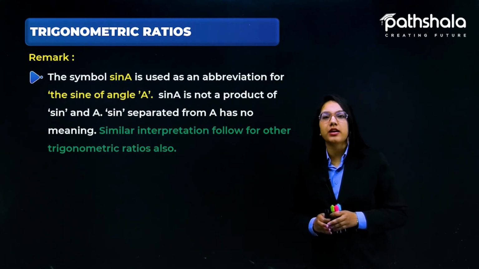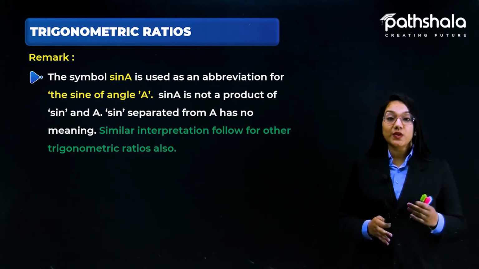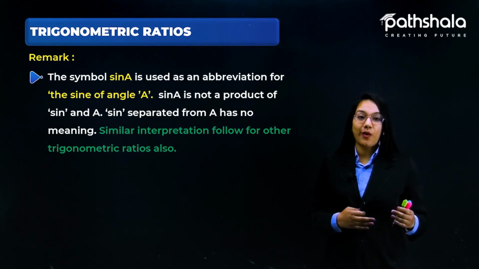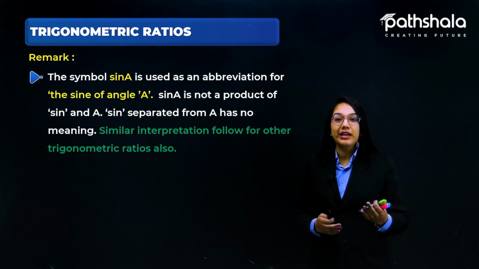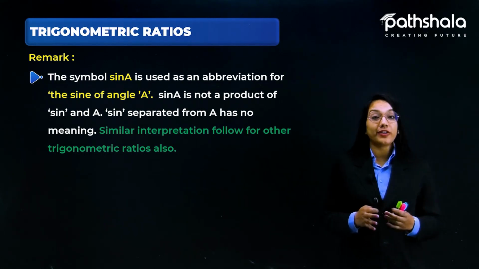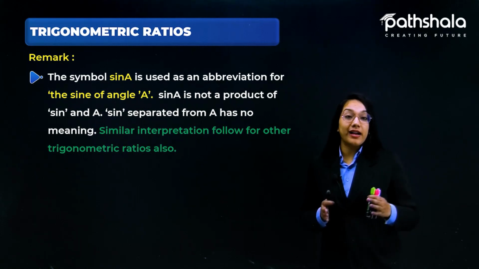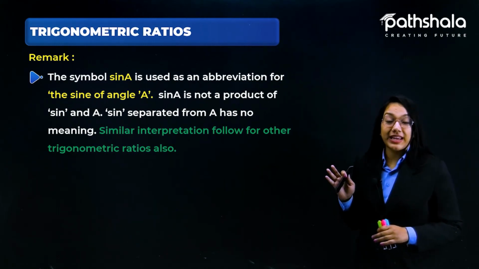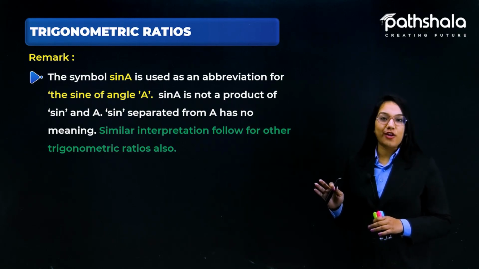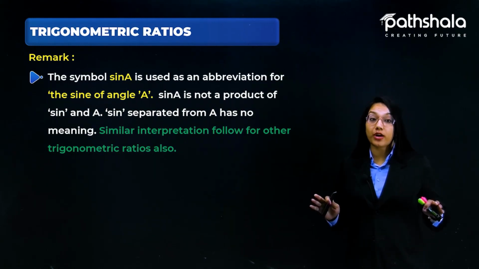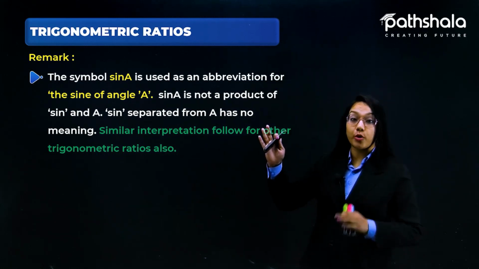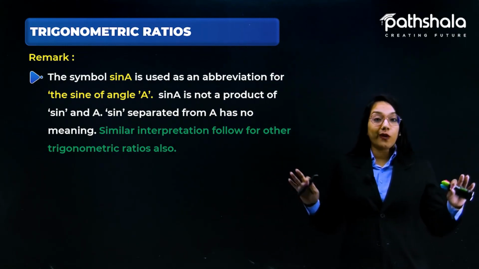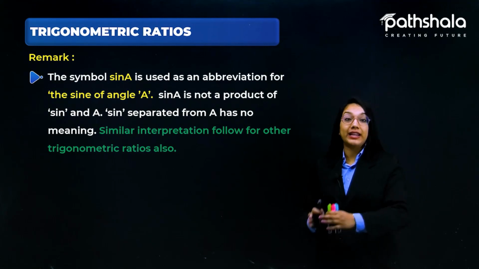The very first remark is that the symbol sine A is used as an abbreviation for the sine of angle A. I have already told you that the sine of angle A is abbreviated as sine A. Furthermore, sine A is not a product of sine and A. Sine separated from A definitely has no meaning at all. So always remember, sine A is not a product of sine and A.